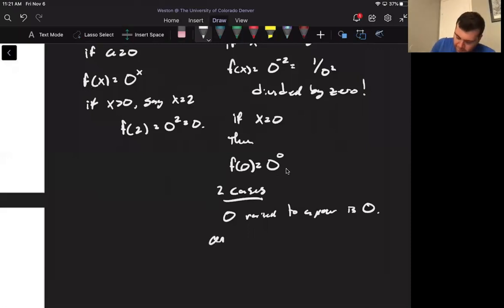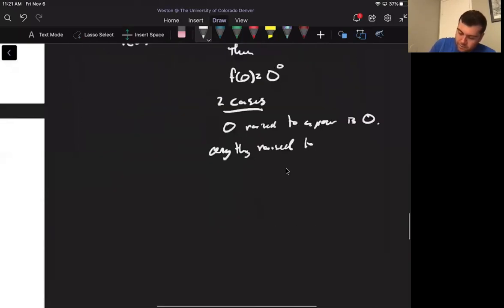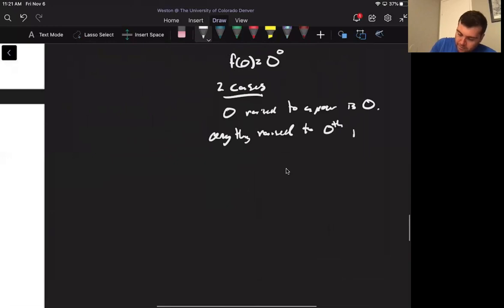But also, anything raised to the 0th power is 1. So it should be 1. And because we can't decide on this, we can't say what 0 to the 0 means. That's not great. There actually are branches of math where you can talk about 0 to the 0. Particularly in calculus, there's this thing called L'Hopital's rule, which will tell us some cases where we can answer this. But that's for a later time.